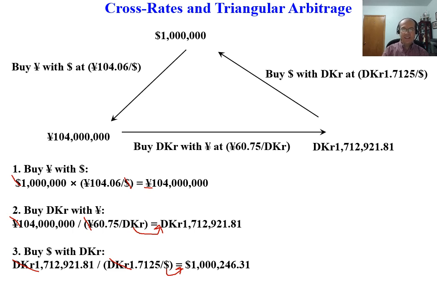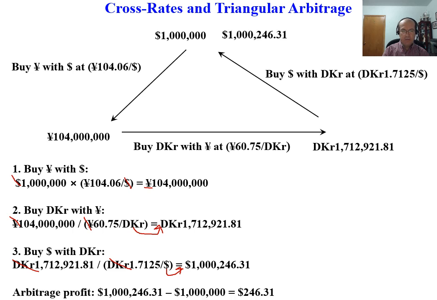Okay, so we started with $1 million and we finished with $1,000,246. So our arbitrage profit is $246.31. And we were able to get this profit without any risk. So this is what arbitrage is.